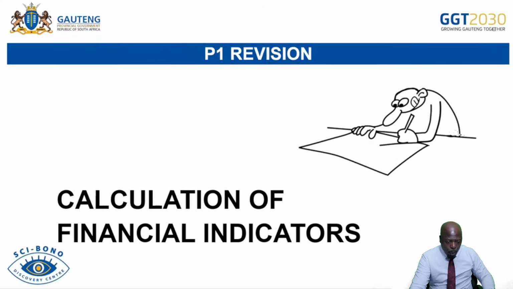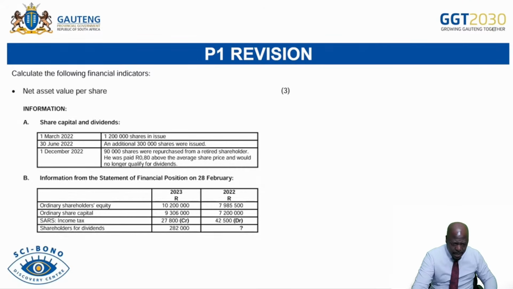And we come now to certain financial indicators that need to be calculated. The first one, we're going to calculate the net asset value per share, NAV, net asset value per share. Remember, I did indicate to it that the examiner can also link this to a statement of financial position. And so already you know your formula from your formula sheet at the back.